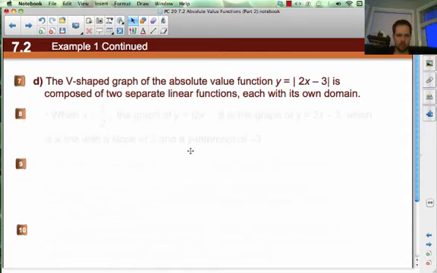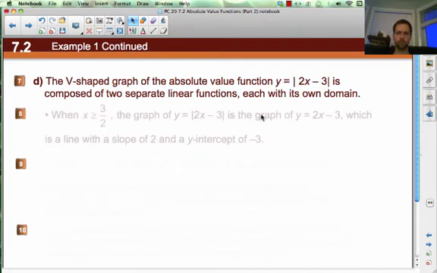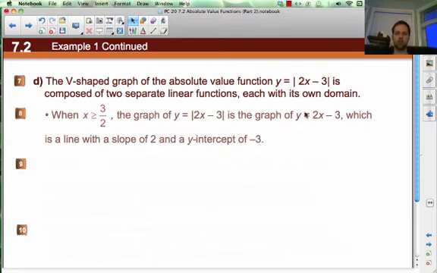Okay, so my buttons don't really want to work here very well. So to the right of the x-intercept, so when x is greater than this value, we use this function because inside the absolute value brackets is positive.